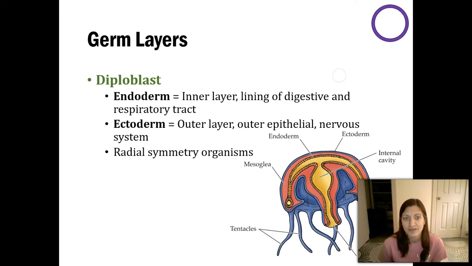Here in this jellyfish, the ectoderm is all this blue-purple area, so the outer part of this organism. Diploblasts also happen to be our radially symmetric organisms, so our sea anemones and our jellyfish and related species. But that's actually a very small percentage of all the animals.